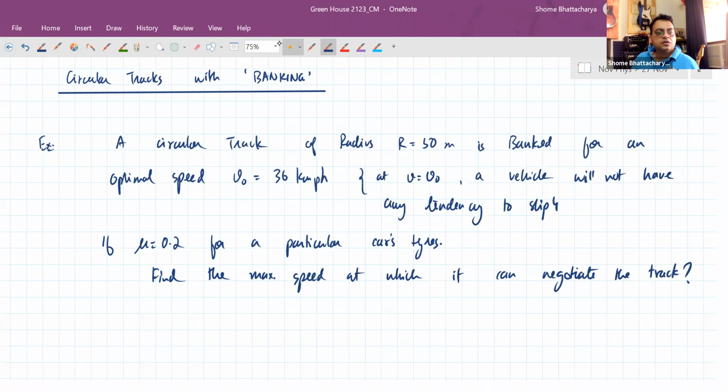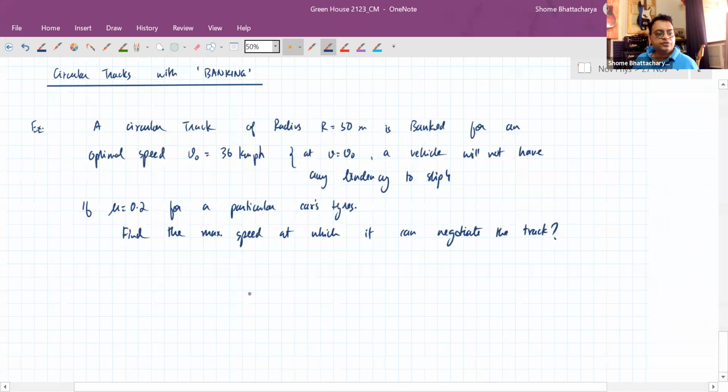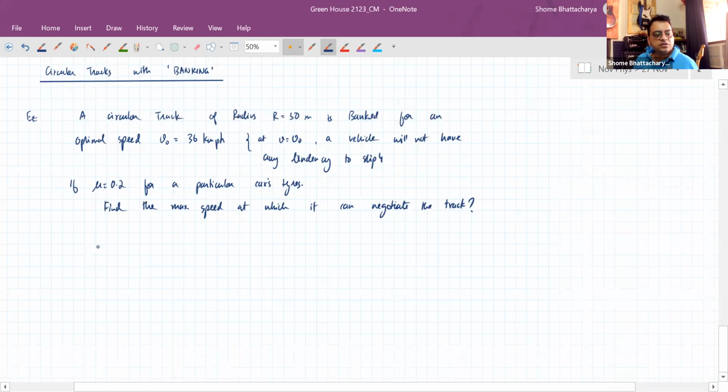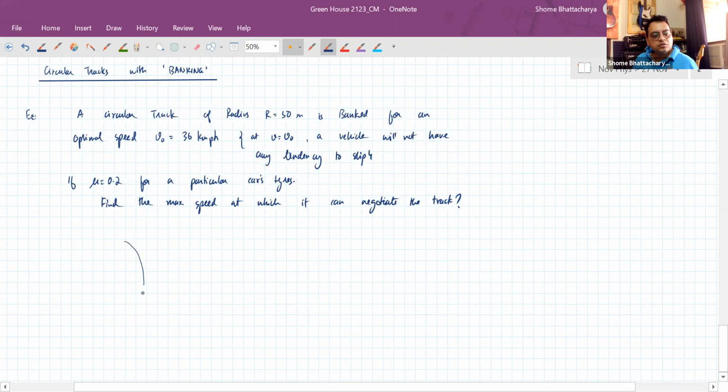Okay. So you'll see very similar kind of free body diagram we've discussed. So when we see the top view, and when we see the side view, the road is banked like this.